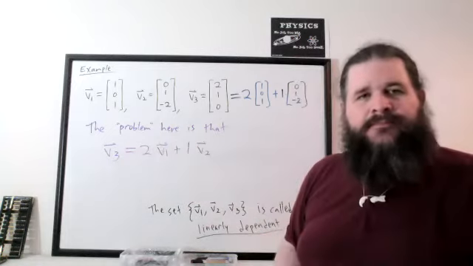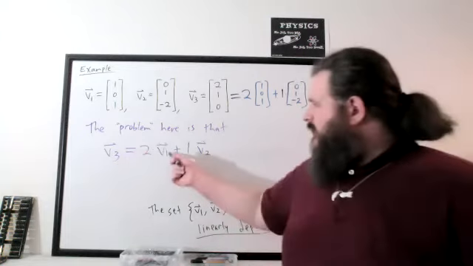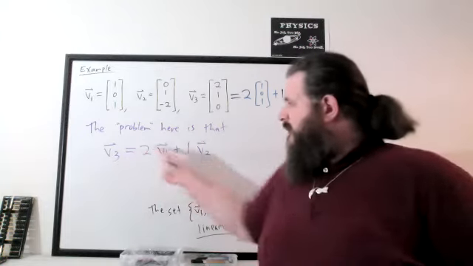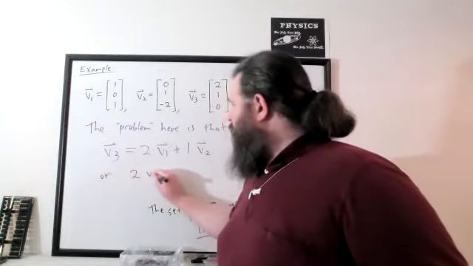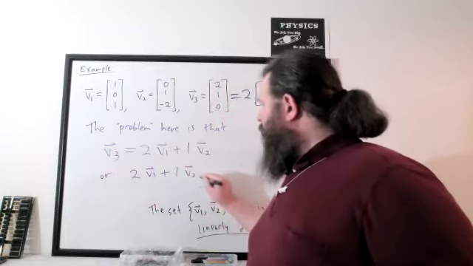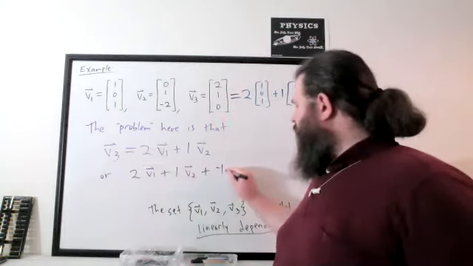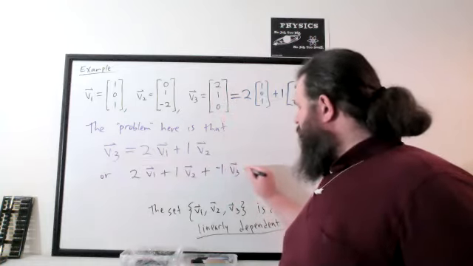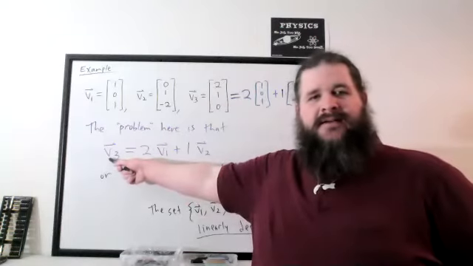To make this more general, we're going to put everything on one side of the equation, like subtract v3 from both sides. And we get 2 times v1 plus 1 times v2 minus v3, or in other words, plus -1 times v3 equals, and then what's left if we subtract v3 from this side?